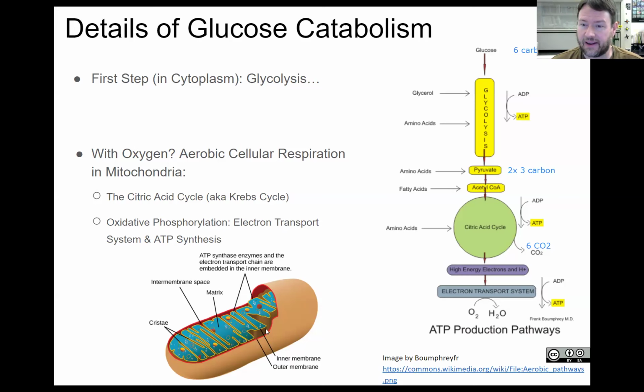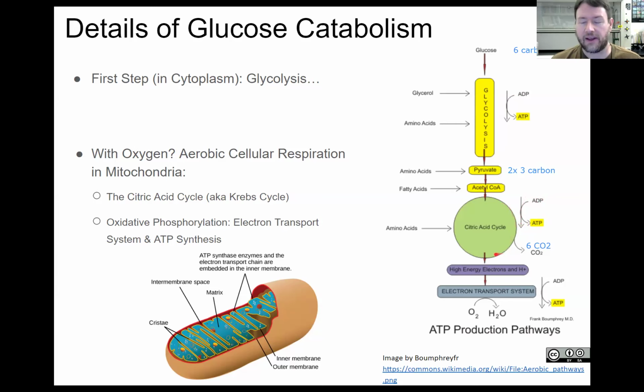So there's no more carbon left, but there are still some bits of glucose that still contain a lot of energy. Some of that was captured in the ATP that was formed in glycolysis and the citric acid cycle.